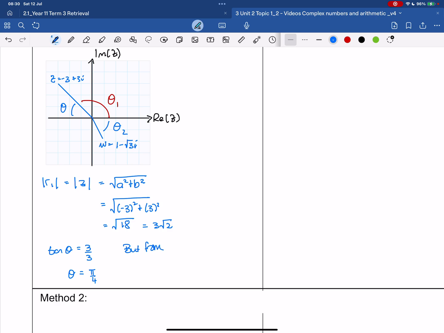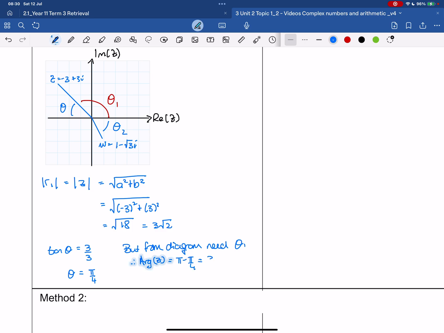But from our diagram, we need theta 1, so therefore the principal argument of Z is going to be pi minus pi on 4, which is 3 pi on 4. So therefore, Z in polar form is going to be 3 root 2 cis 3 pi on 4.